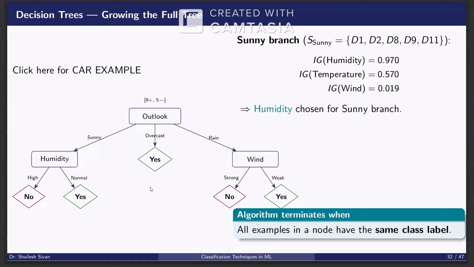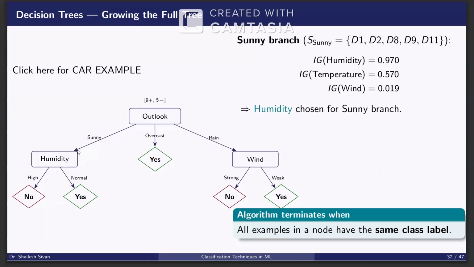And then for Sunny, again, we have other parameters, right? Because we have temperature, humidity, wind, those parameters were there. No, Sunny is a value for Outlook. Yes, but you are trying to connect it to humidity. That is why I'm asking. So rain to wind and Sunny to humidity.